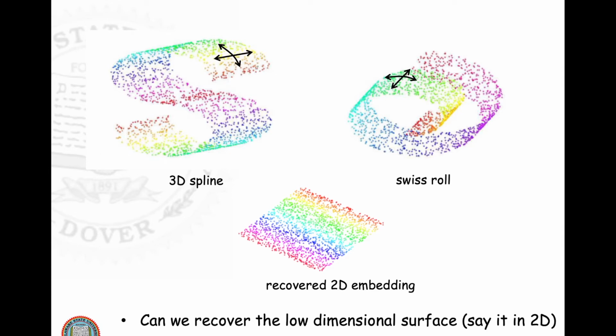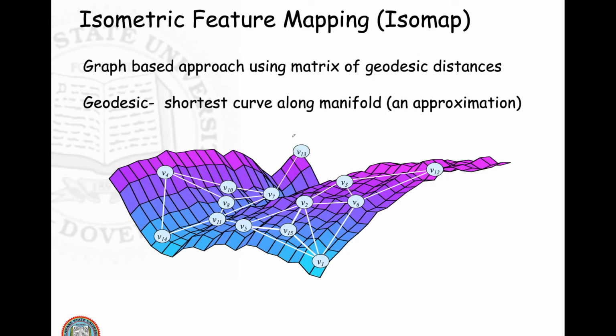For the 3D spline, they vary in this direction, from left to right, and along this curved direction. Same thing for the Swiss roll. So the idea is, if we can recover this low-dimensional surface along which the feature values you encounter in your data actually occur, can we recover it in 2 dimensions instead of 3 dimensions? That was the ask.